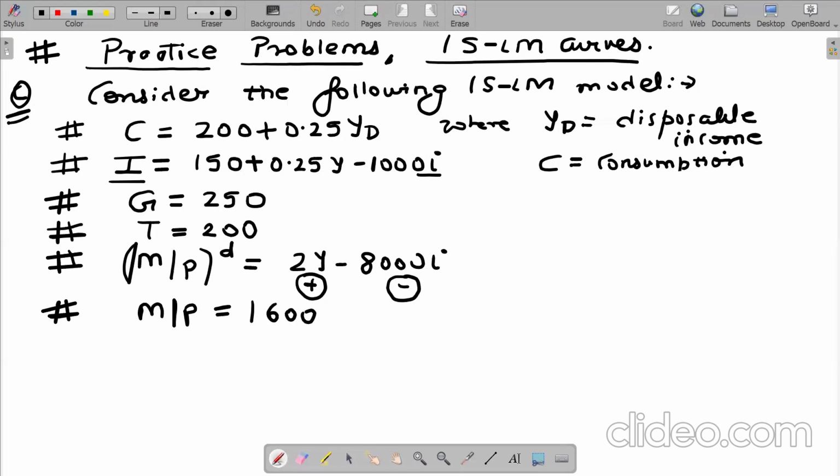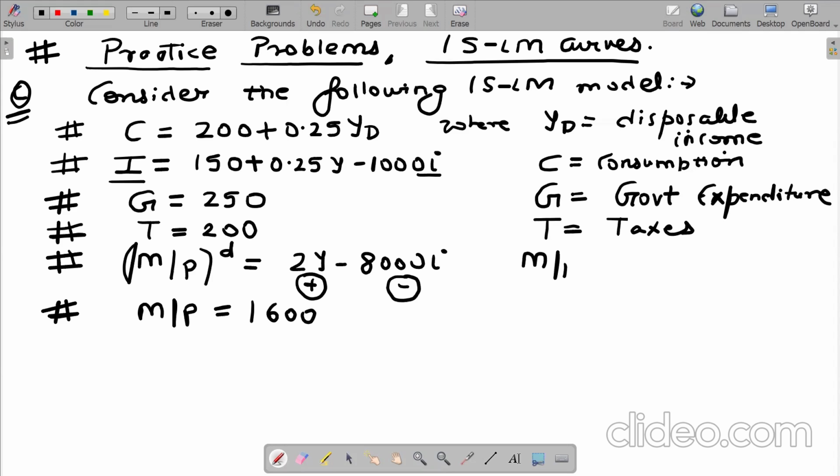Okay. So for clarity, all students can write: G denotes government expenditure, so that there is no confusion. T denotes the taxes paid to the government. M by P D is the demand for real money balances.